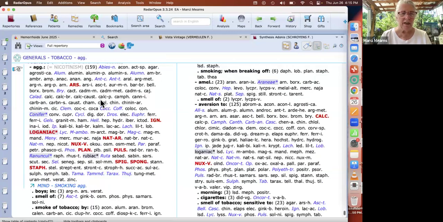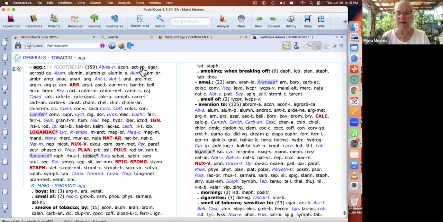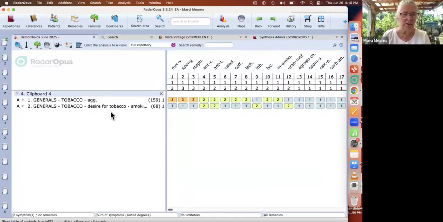All right. Now, I suppose we could have said, well, tobacco ameliorates, right? Because it ameliorates her, what do you call it? Her constipation. I did, however, take tobacco aggravates along with desire for tobacco. She so badly wants to stop smoking. And I took those 2 together, but the way I formed the group, let's take a look at it here.